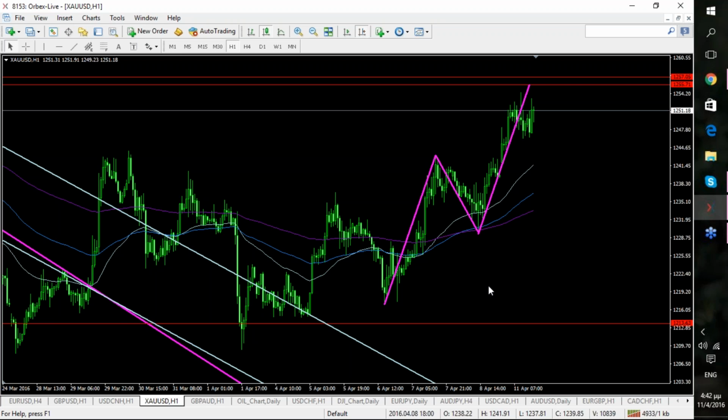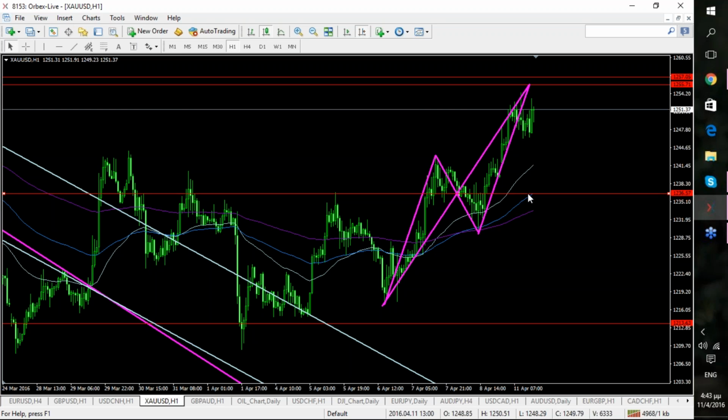Okay, so where would we have entered the gold? We would have entered for a buy at the cross area here, so ideally above 1236, okay, 1236 area.